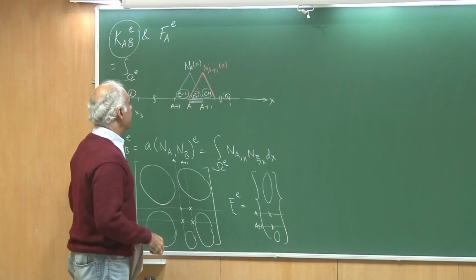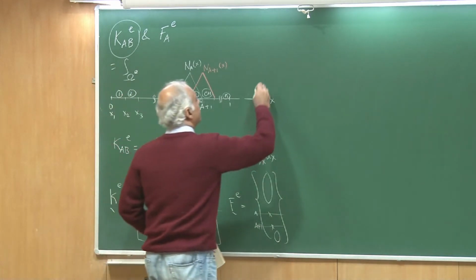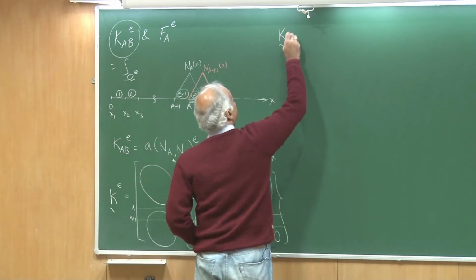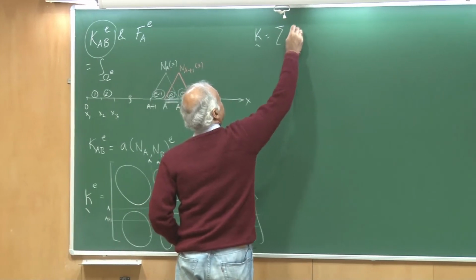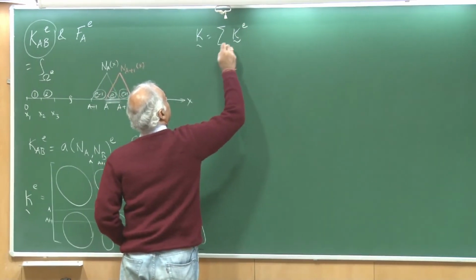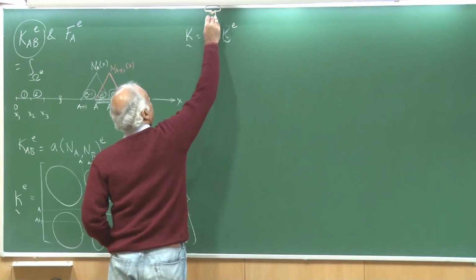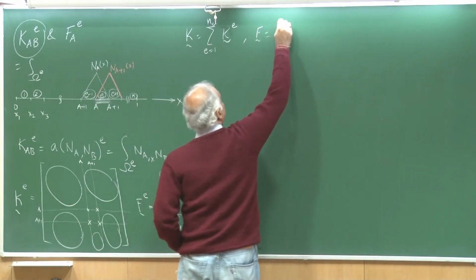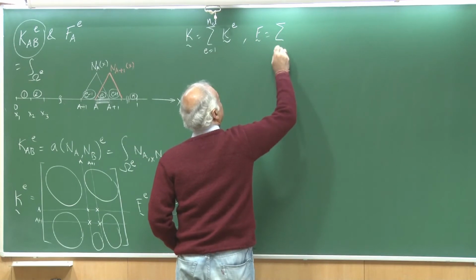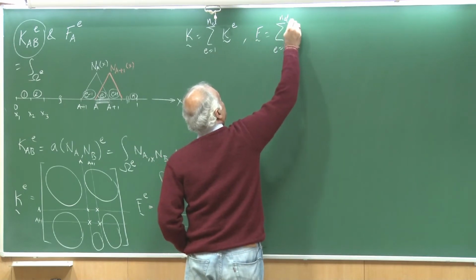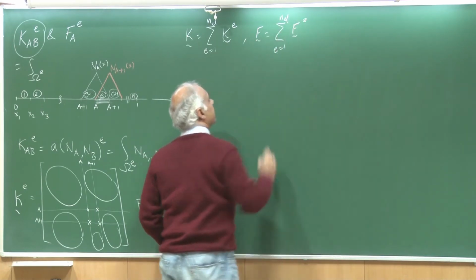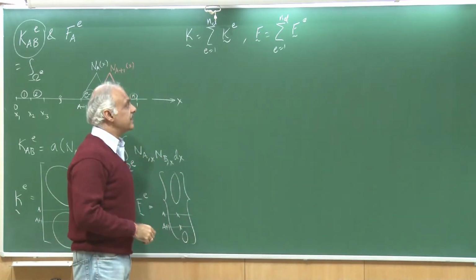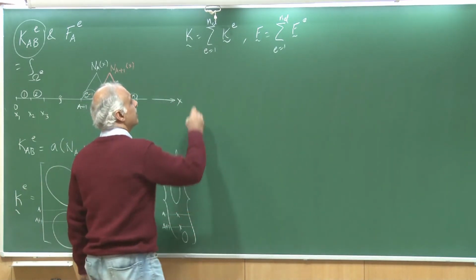So, the question naturally arises that if I am going to write K as the summation of K^e, where e goes from 1 through NEL, and F as the summation of F^e, most of these entries are going to be 0.